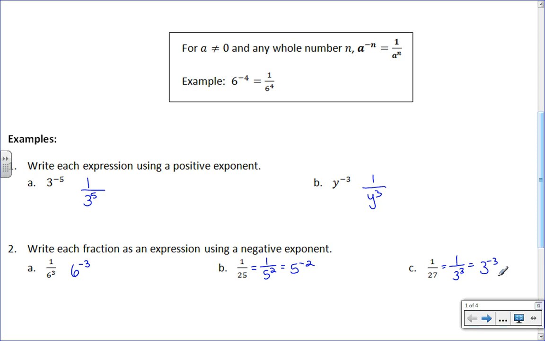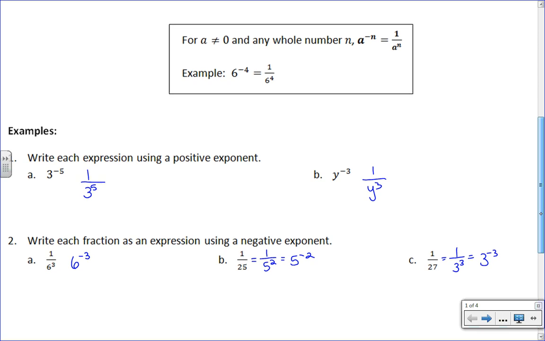So there's no way to say that your answer should always have positive exponents, or that it should always be a single expression with no fraction, even if it's a negative exponent. Sometimes one is more useful than the other, and you'll actually see that when we talk about scientific notation in a few minutes, that sometimes writing it with a negative exponent is perfectly fine. So just be able to convert between those two.